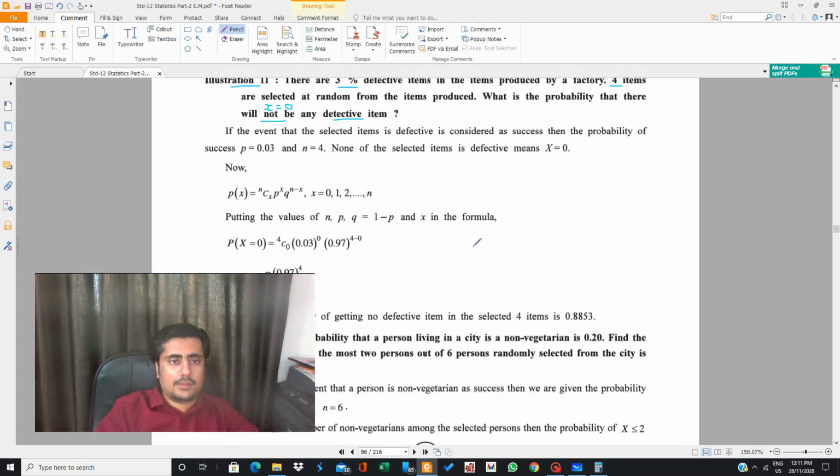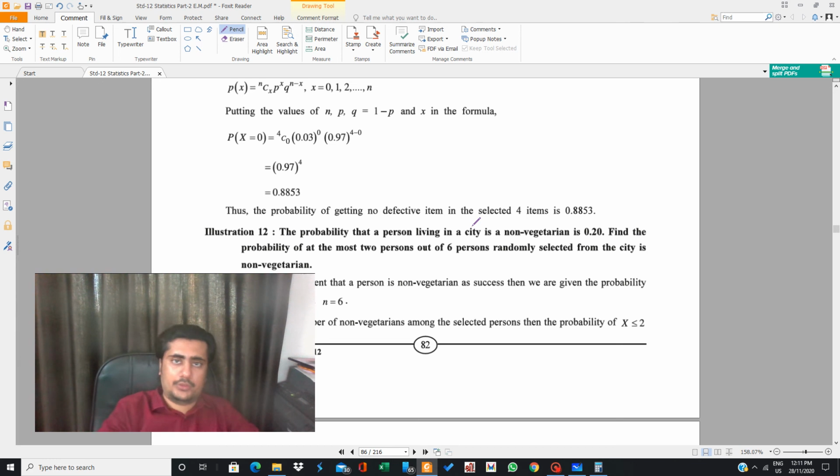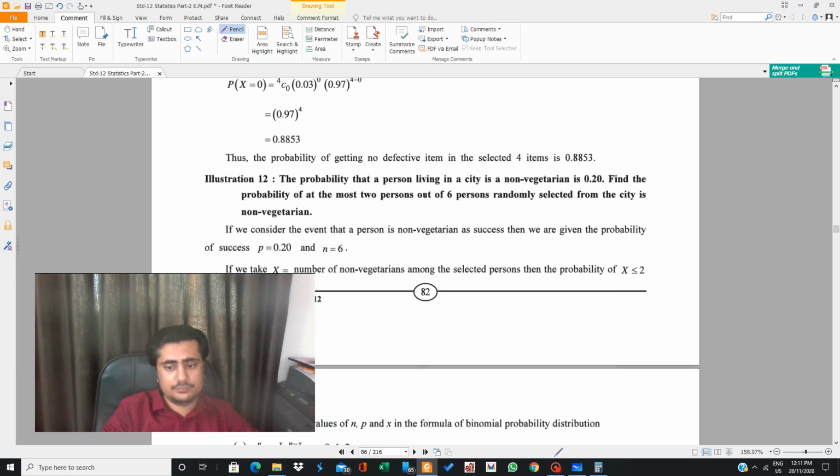Now let us do the next illustration, illustration number 12. The probability that a person living in a city is non-vegetarian is 0.2.